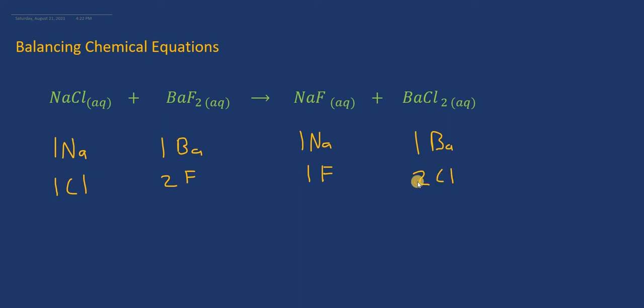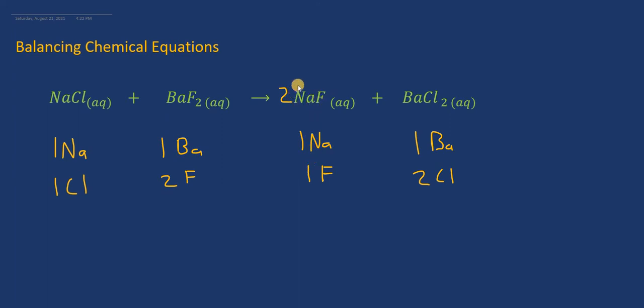So what you can do is take a look at this barium fluoride and say, well, here I have 2 fluoride ions, and over here in this sodium fluoride I only have 1. To balance the number of fluorides, you can stick a 2 as the coefficient in front of this sodium fluoride.